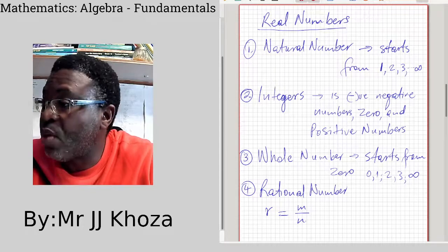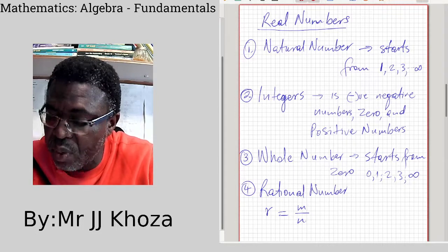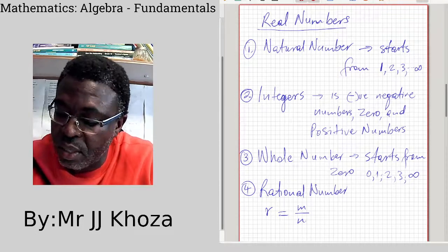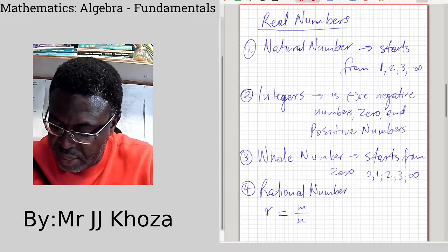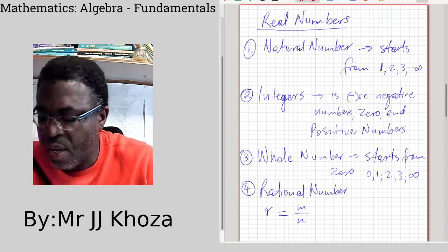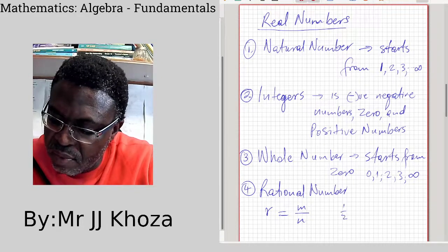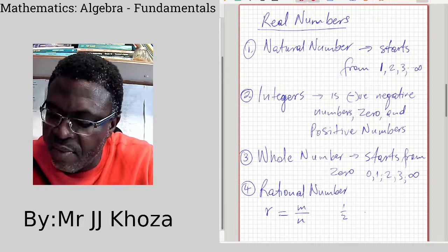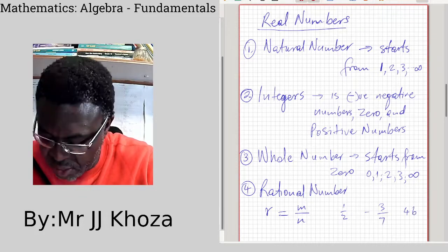1 is 1 over 1. It's a rational number. 1 over 2, a fraction, is a rational number. So you are able to express fractions and whole numbers. You can have a half, you can have -3 over 7, you can have 46.